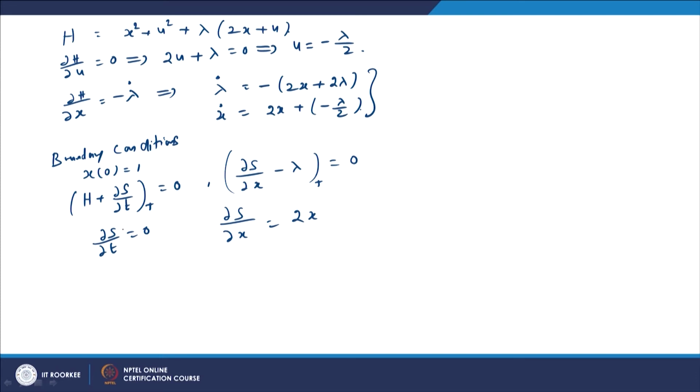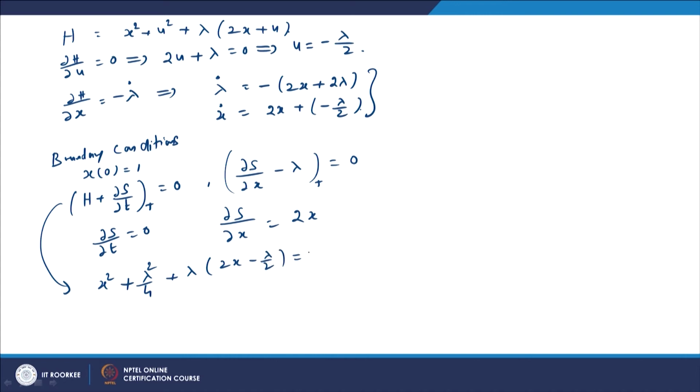So, when we substitute this, we get x square at capital T plus u square, which is lambda square by 4, plus lambda into 2x plus u, where u is again minus lambda by 2.